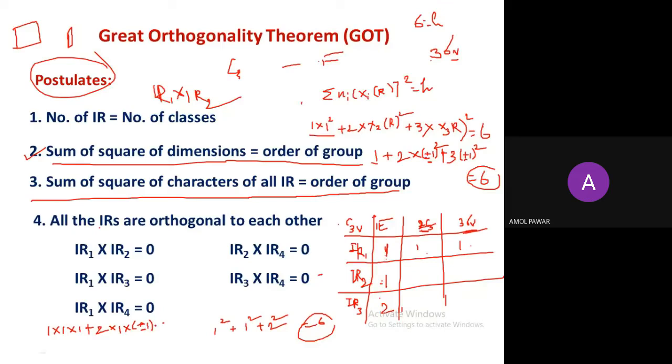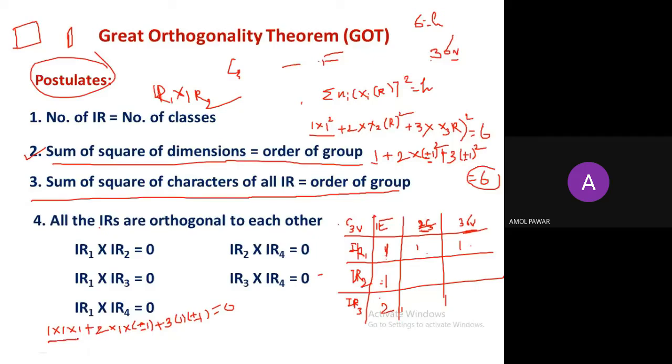Plus again 3 of class sigma v into 1 of IR1 into plus 1 or minus 1, that we have to decide, is equal to 0, because IR1 into IR2 or IR1 into IR3 must be equal to 0, or they are orthogonal to each other.